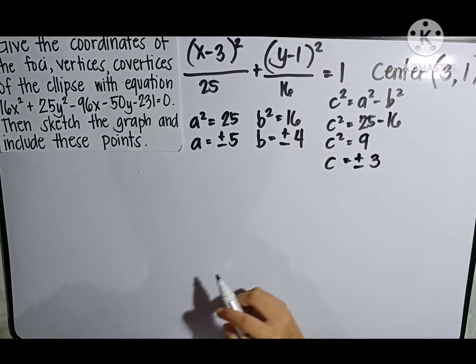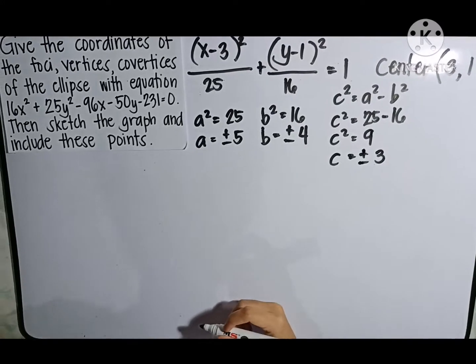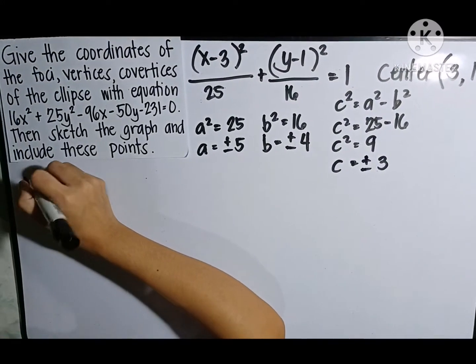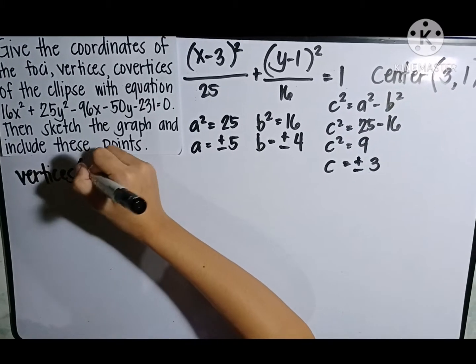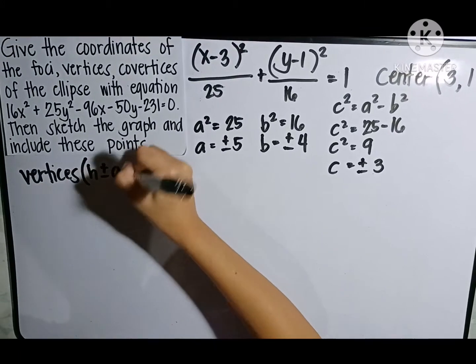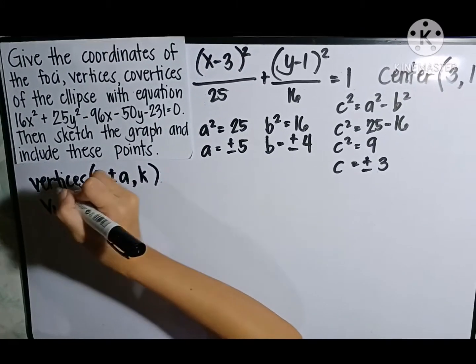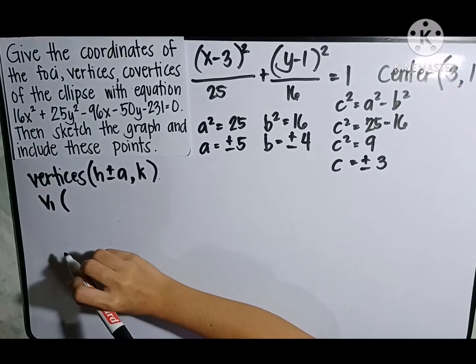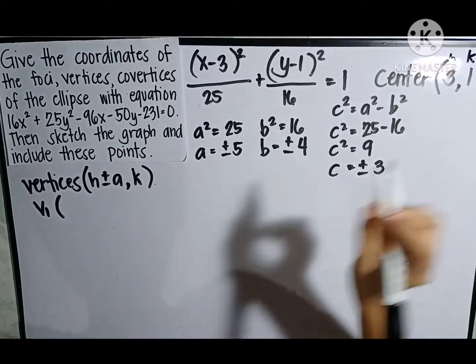Now that we already know the values of a, b, and c, let us proceed to finding the vertices. The vertices are equal to h plus or minus a, k. Our vertex 1, we have here the h and the k.